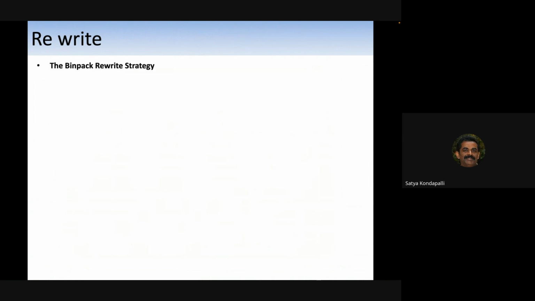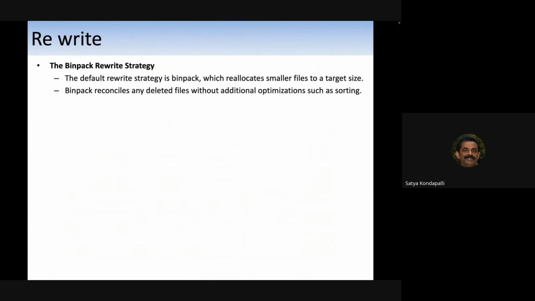So there are different strategies when you do rewrite. The default one, bin-pack, combines small files up to a target size, and basically you need to define the size of the file you want. It also reconciles any deleted files without additional optimization such as sorting.